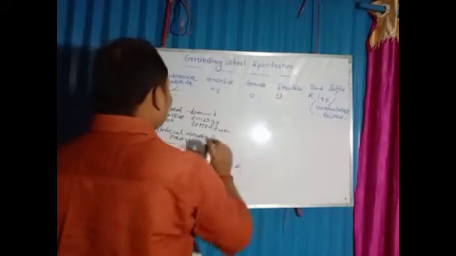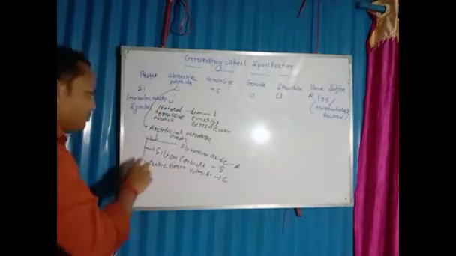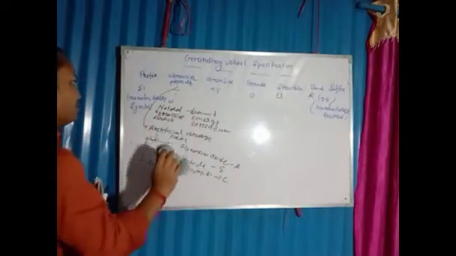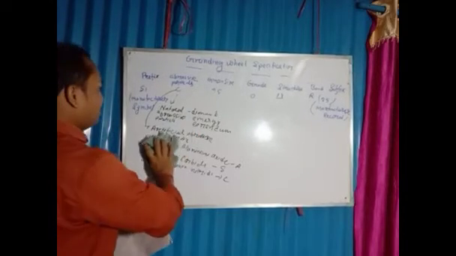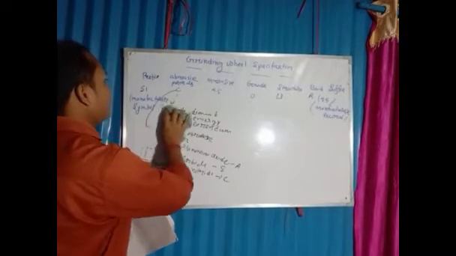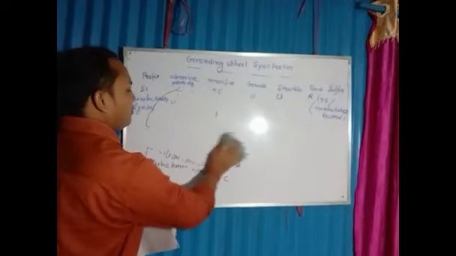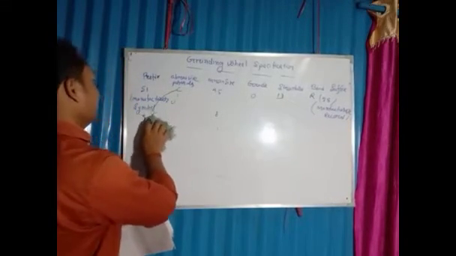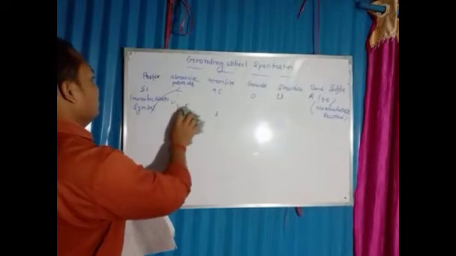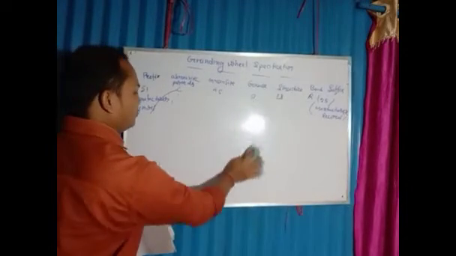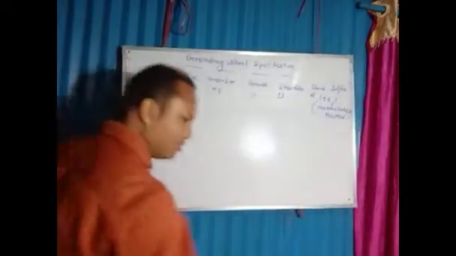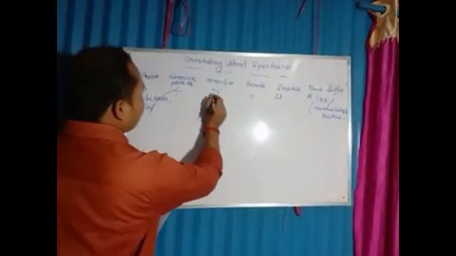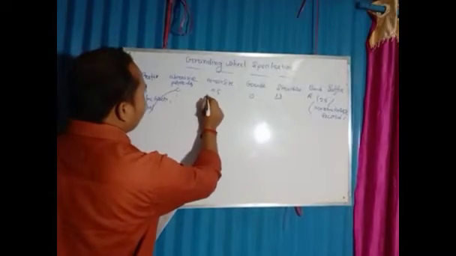So here we can write down what grain size is. The grain size here is denoted by 45.